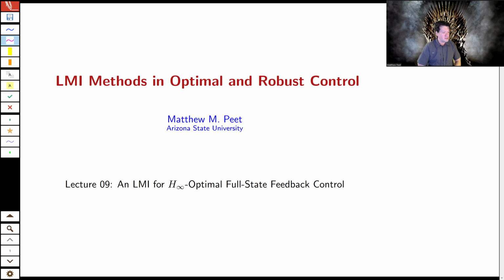In particular, I'm not even going to post discussion points on this lecture because there are no new concepts that we're going through. We're just putting together the pieces of the puzzle that we've already laid out and using them to do optimal control.